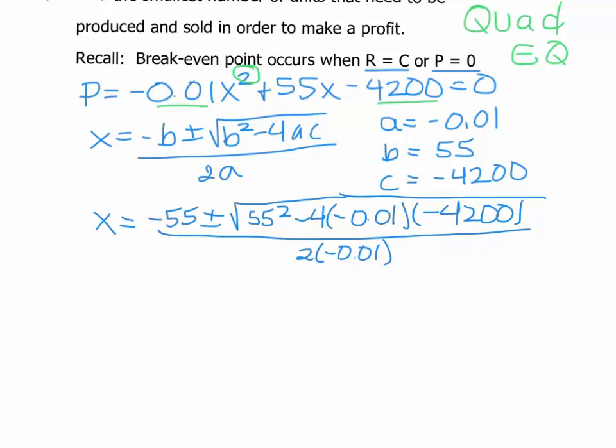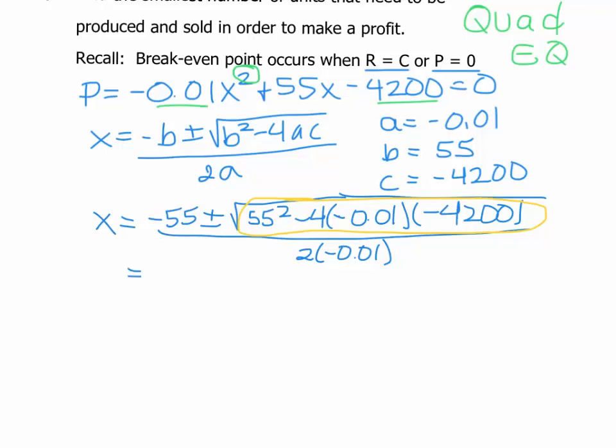So what I usually do is start to simplify this by taking the part underneath the radical, which we refer to as the discriminant, and figure out what that value is. So I'm going to type that into my calculator and find its value.